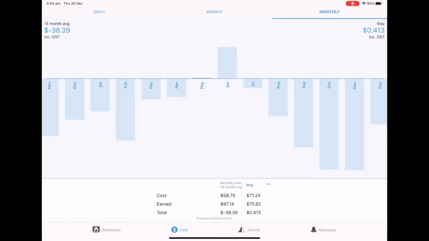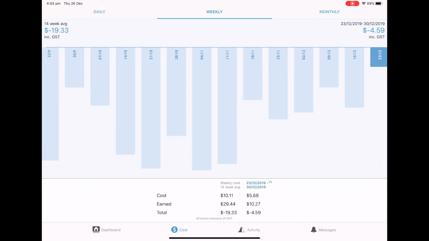May was 41 cents, but then we get to July, I made $9. August 37, September 90, November 91. So really October, November, December, January, they're sort of big months, and then it sort of starts tapering off a bit.